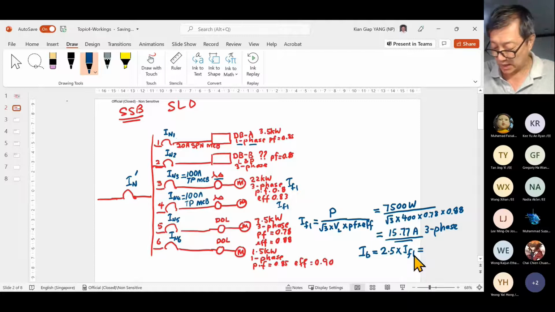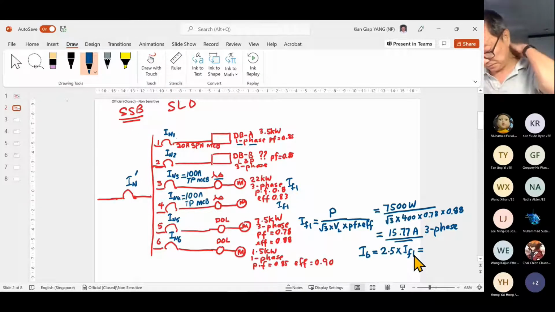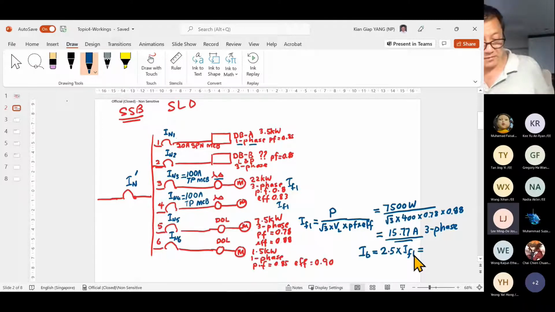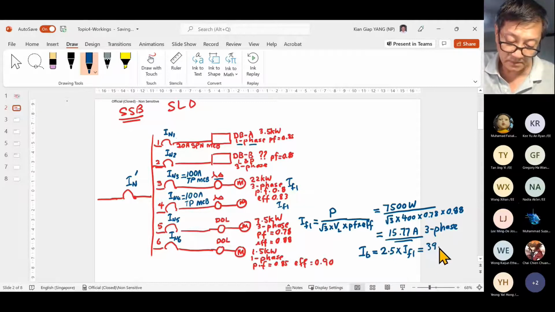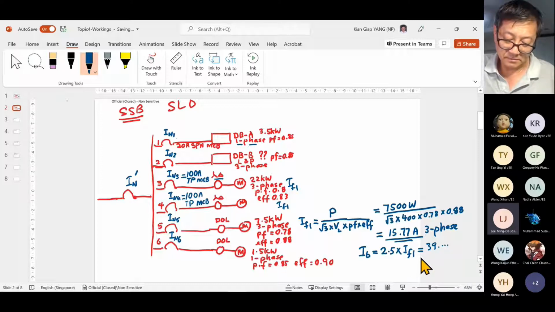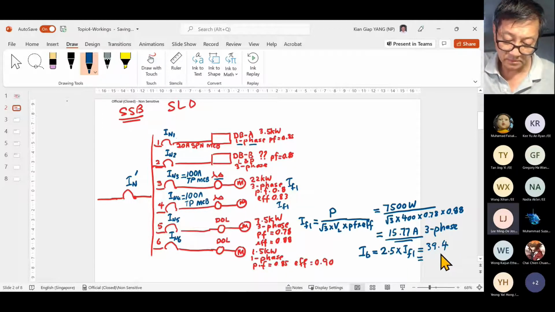So what is the answer? Don't have a calculator. Wait, I do mental calculation. Give me 1 second. Okay, you can mental or not? Can, of course. 39 point something. 39.42 something.